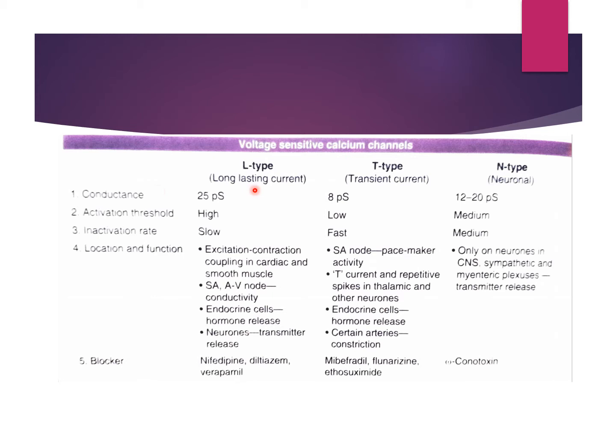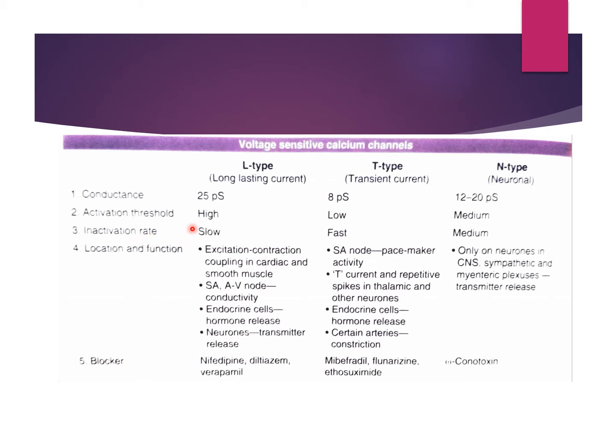Here, L-type is long lasting current, T-type is transient current, and N is neuronal. The conductance of L-type is 25 pS, T-type is 8 pS and N-type is 12 to 20 pS. pS is picosiemens, the unit of conductance.